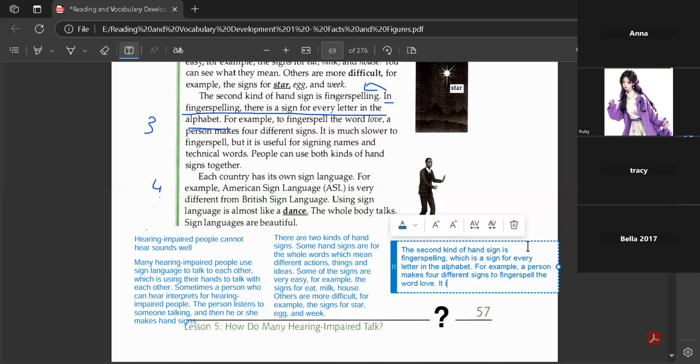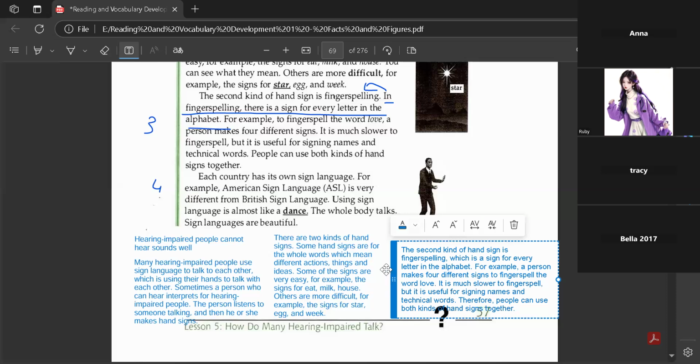It is much slower to fingerspell, but it is useful for signing names and technical words. Therefore, people can use both kinds of hand sign together.